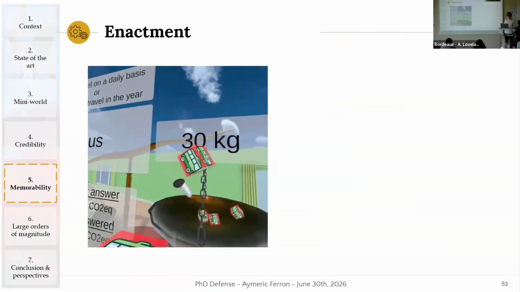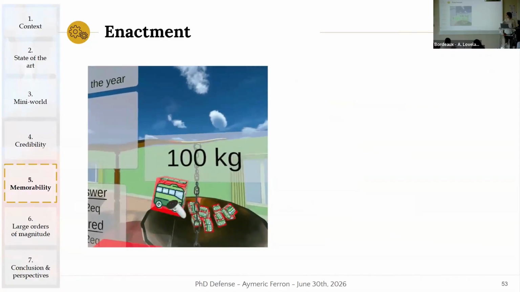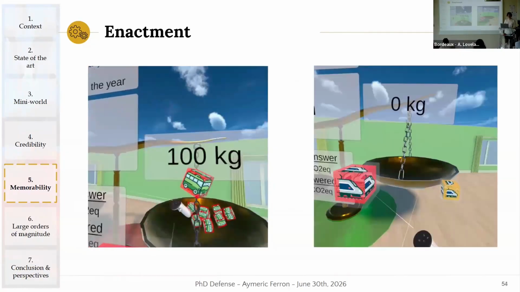In this design, we use these cubes, and people have to throw them onto weighing scales in order to balance the scales. So here, one red cube represents 10 kilograms of CO2, and one yellow cube represents 1 kilogram of CO2. So here the enacted interaction is simply to throw cubes.